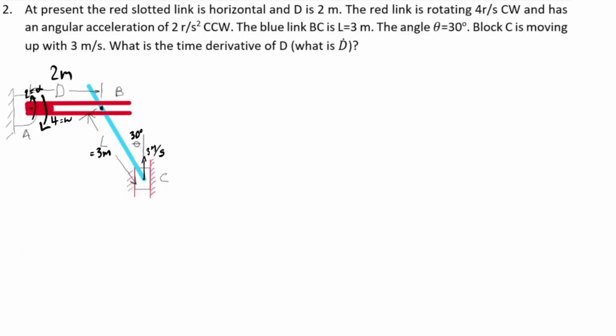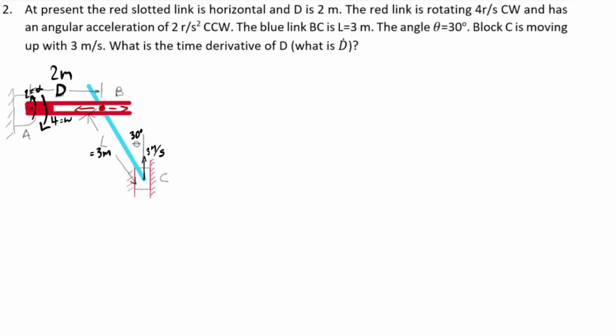And it wants to find the time derivative of d. What is d dot, right? So it wants to find the first time derivative of d, or this variable up here. So I hope you can imagine it, that as this blue thing is spinning, or rotating, the little point right here, the connection point B, that connects the blue rod to this red rod, or this red slot, is going to be sliding in and out of the slot.